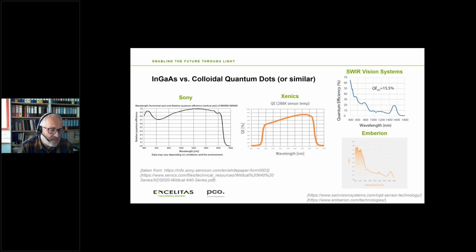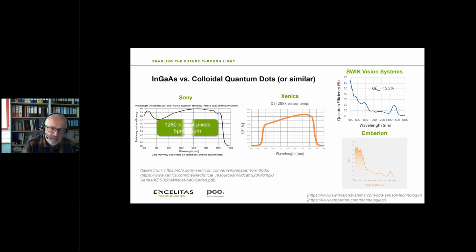And you see there's a sensitivity from 400 to 1700 nanometers, which is a broad range. In the middle, from Xenics, you see a typical QE curve for InGaAs sensors, which ranges from 900 to 1700. And on the right-hand side, there are two examples of colloidal quantum dot SWIR sensors, which show a broader spectral sensitivity, but also a much lower absolute value in the range between 10 to 15%.